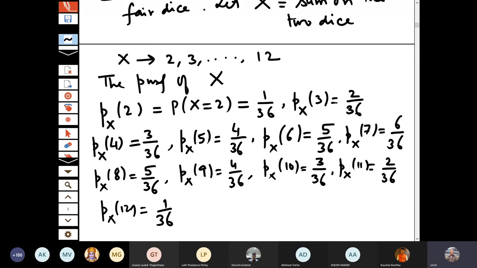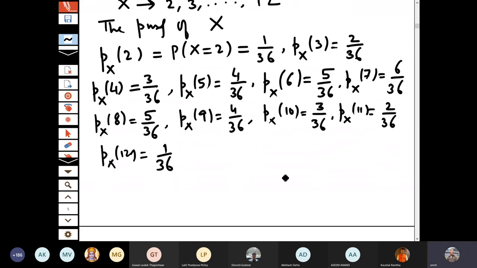Is that okay? Yes, sir, it's okay. This is a very straightforward kind of understanding. In the discrete case, the correspondence between the random variable and the probability mass function is determined just by the original assignment itself. So, let us take another exercise.